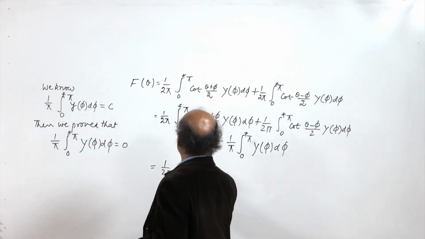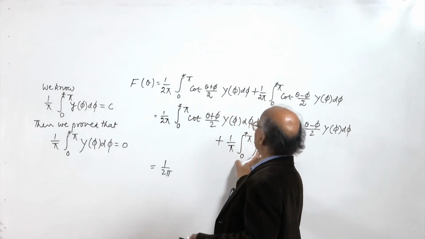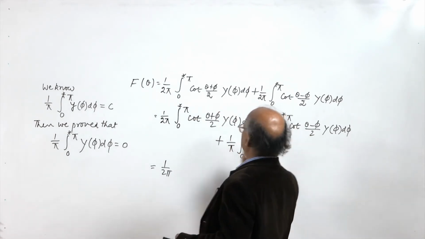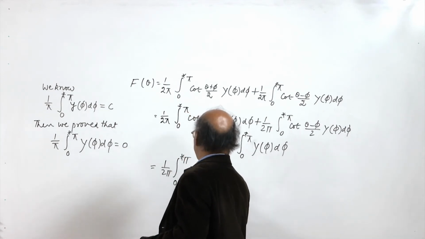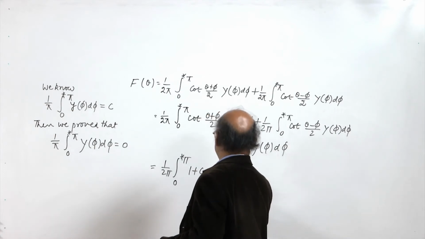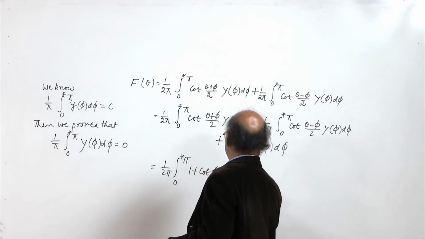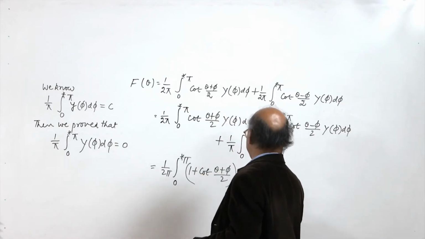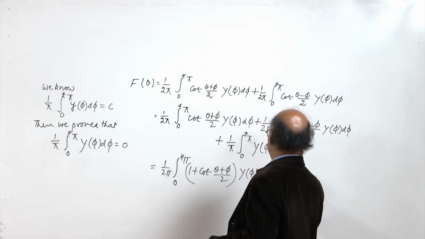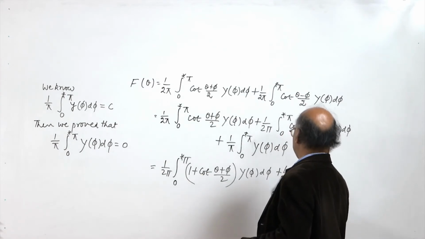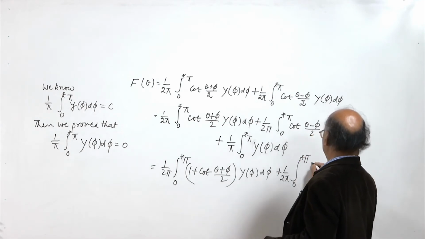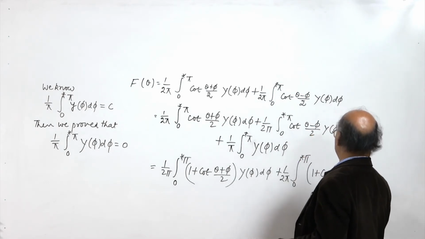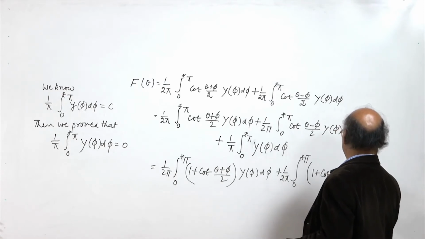So, I can write 1 over 2 pi, and then I can write half of this with this and half of this with this, and so I get integral 0 to pi of 1 plus cot of (theta plus phi) by 2, y phi d phi, plus 1 by 2 pi integral 0 to pi of 1 plus cot of (theta minus phi) by 2, y phi d phi.